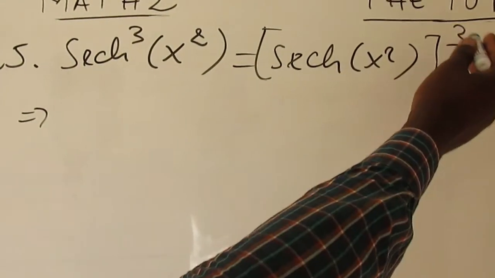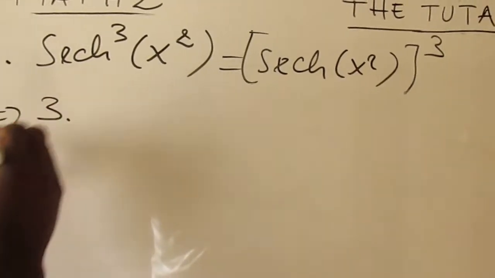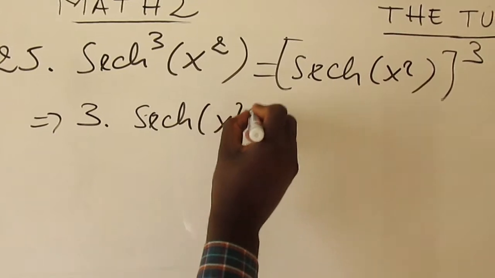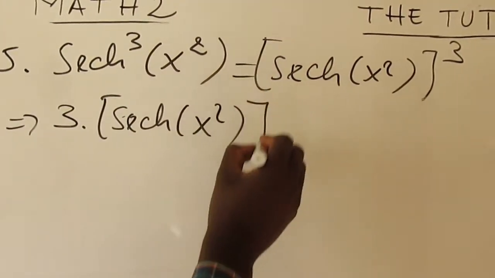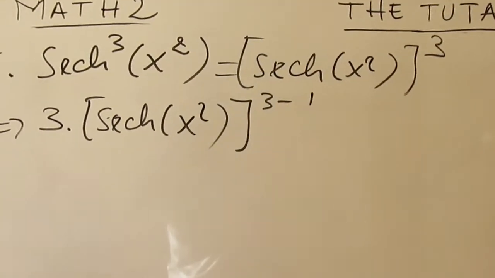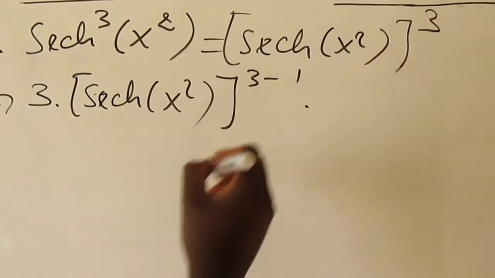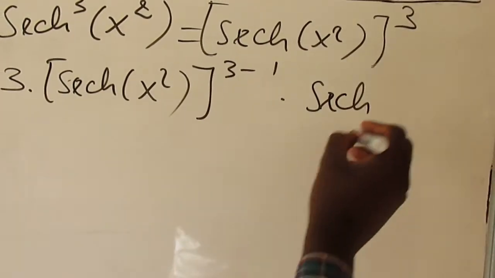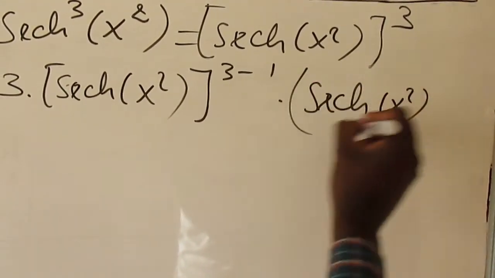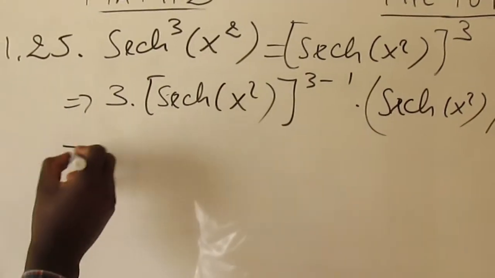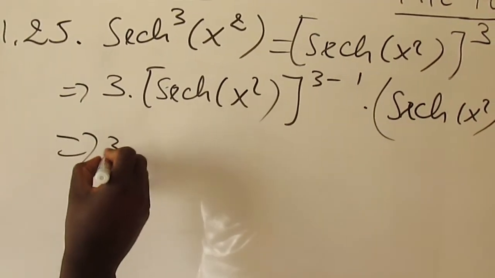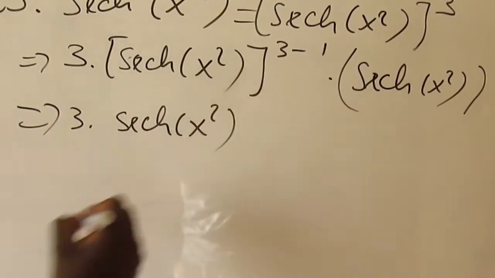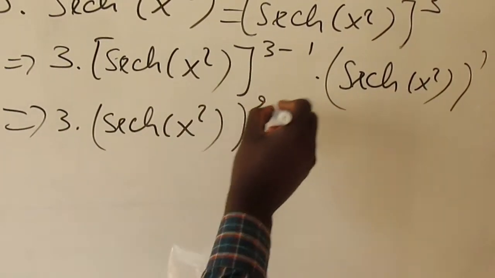Guys, let's now derive this. You take the 3 down, you multiply by sec x squared, then 3 minus 1 there. We're applying the chain rule, everybody knows about the chain rule. Then you multiply by the derivative of sec of x squared. So here you have 3, then sec of x squared to the power 2.